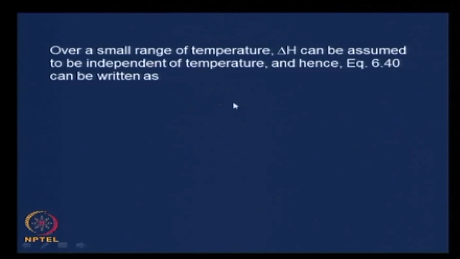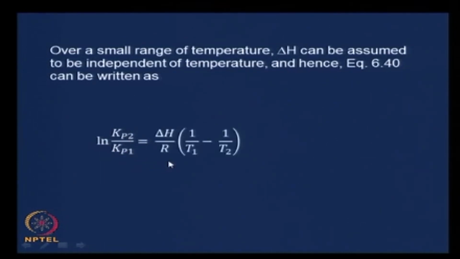Then equation 640, when we integrate that, we are trying to find out a value of Kp2 given a value of Kp1. So, ln Kp2 by Kp1 equals delta H by R times 1 by T1 minus 1 by T2. This is equation 642. This comes from the integration of equation 640.